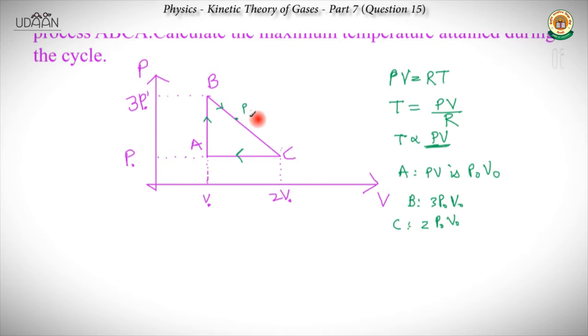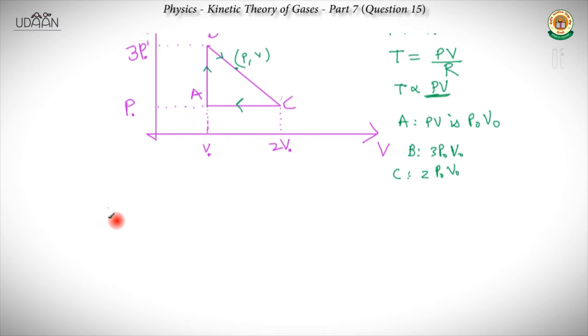So for this we will need a particular equation which relates the two, and then we'll analyze it. Consider a point P, V in between, and we'll write the equation with reference to the data that we have, just like writing the equation of the line. So P minus 3 P naught, divided by V minus V naught, would be equal to this minus this, divided by this minus this.